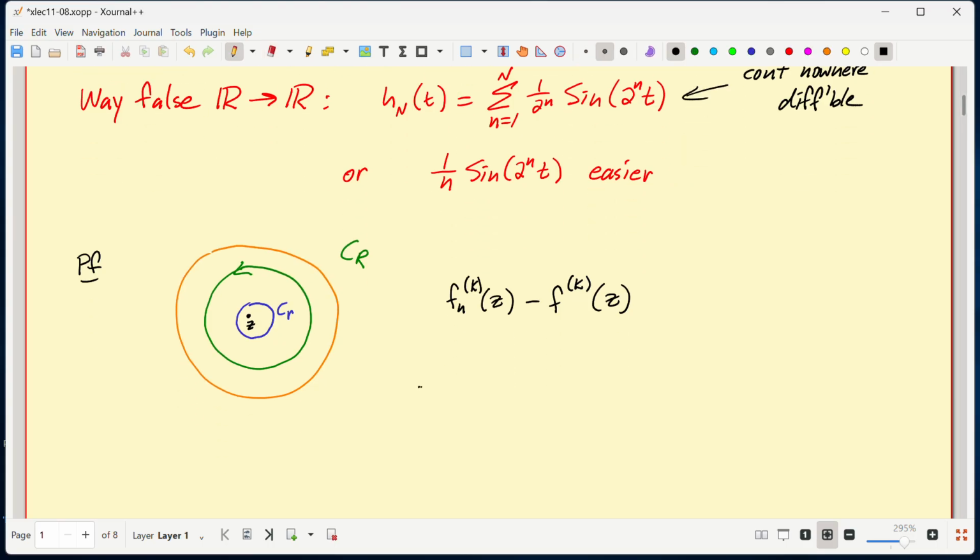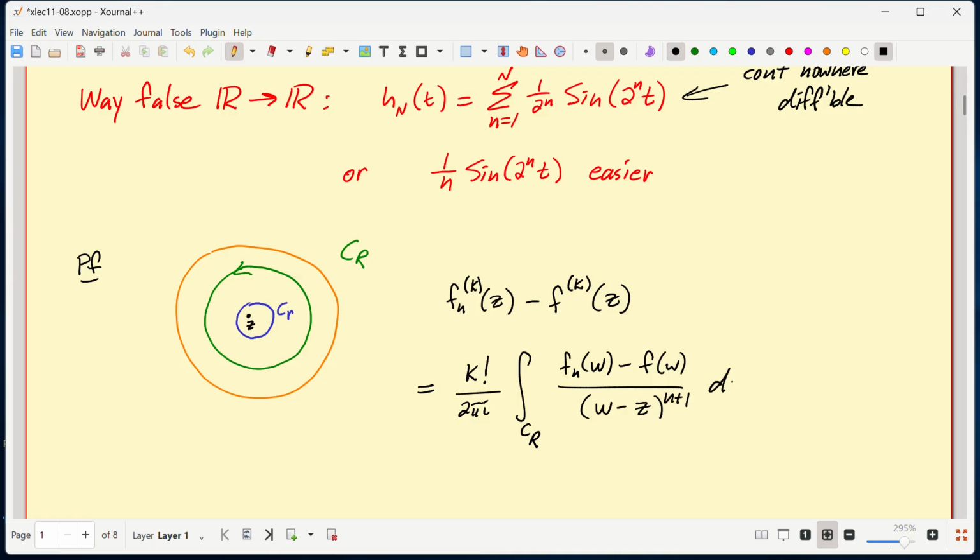By the higher order Cauchy integrals, that's k factorial over 2 pi i integral around C sub R of f_n(w) minus f(w) over (w minus z) to the n plus 1 dw.